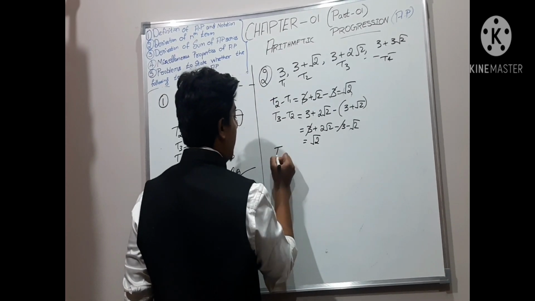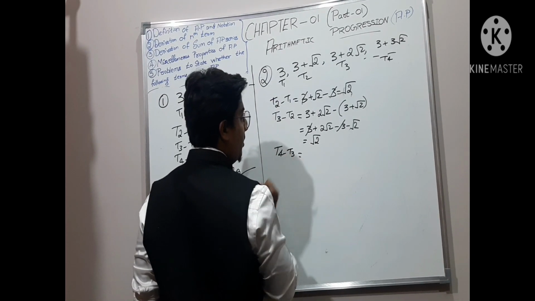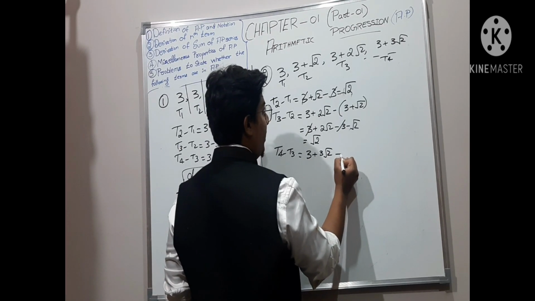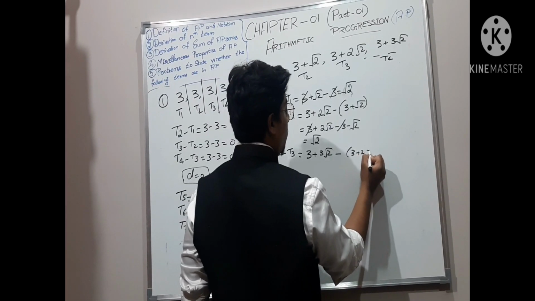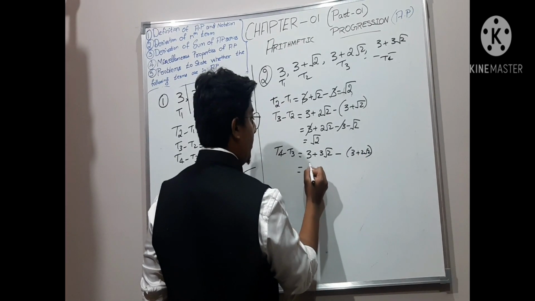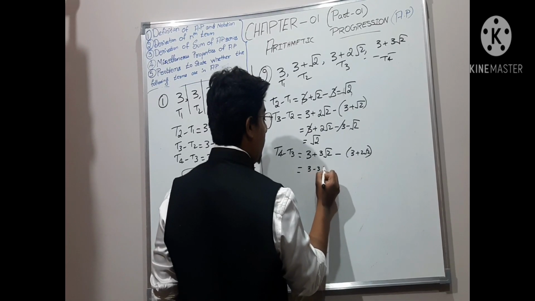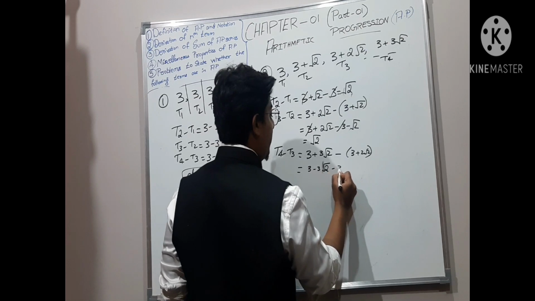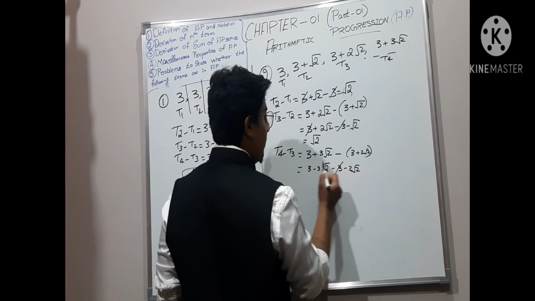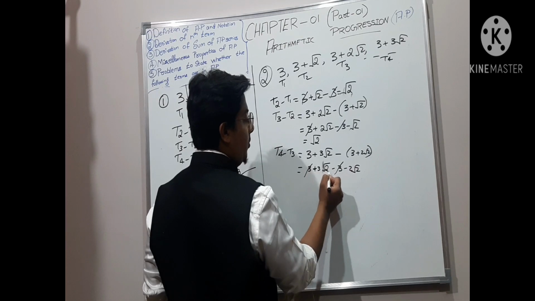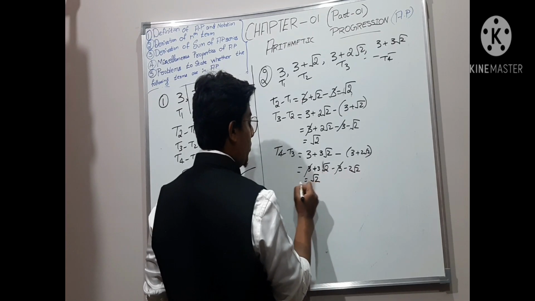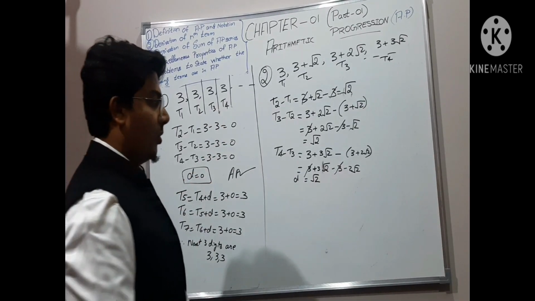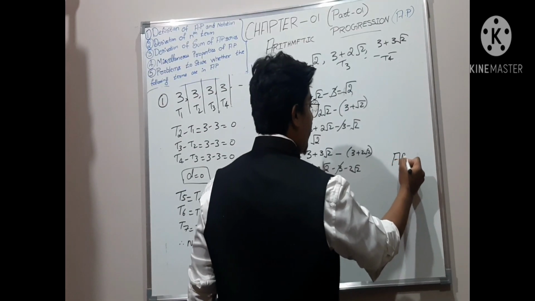T4 minus T3, we get 3 plus 3 root 2 minus (3 plus 2 root 2). The 3 cancels, 3 root 2 minus 2 root 2 gives root 2. So D remains constant throughout the series, and the given series is in arithmetic progression.